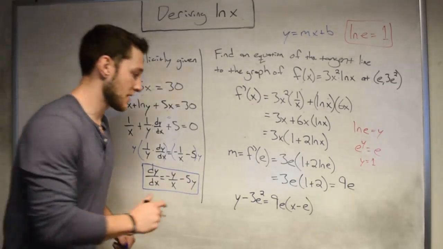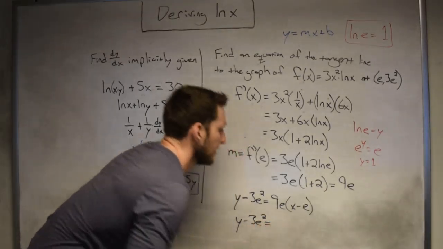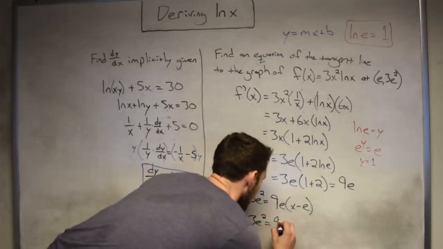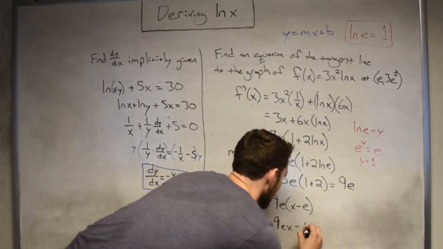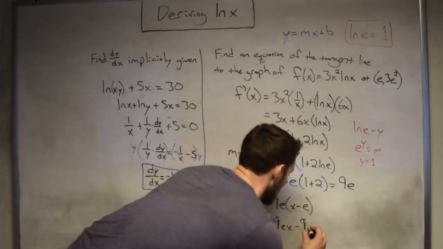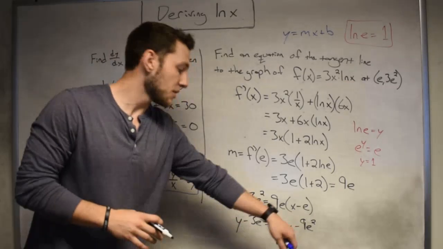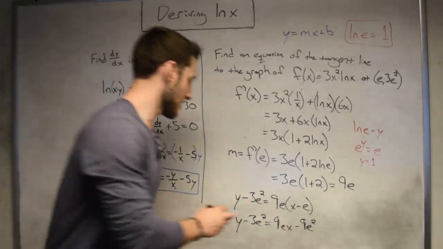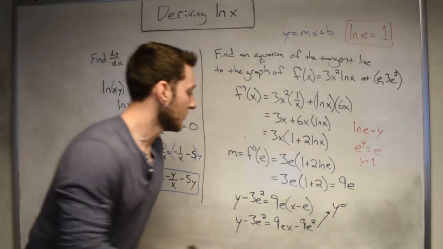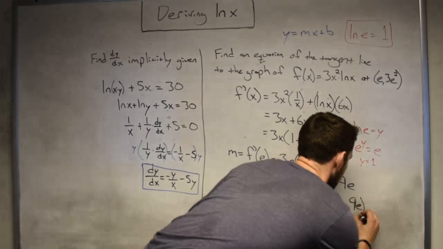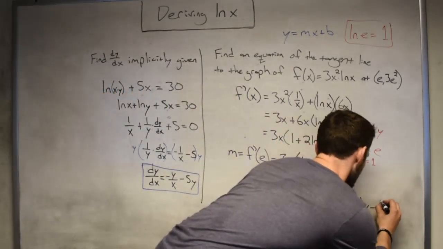If we go ahead and simplify this out, y minus 3e squared is equal to 9e times x minus 9. E times e is e squared. And then last but not least, adding over the 3e squared will give us an answer of y, after adding over, is equal to 9e times x minus 6e squared.